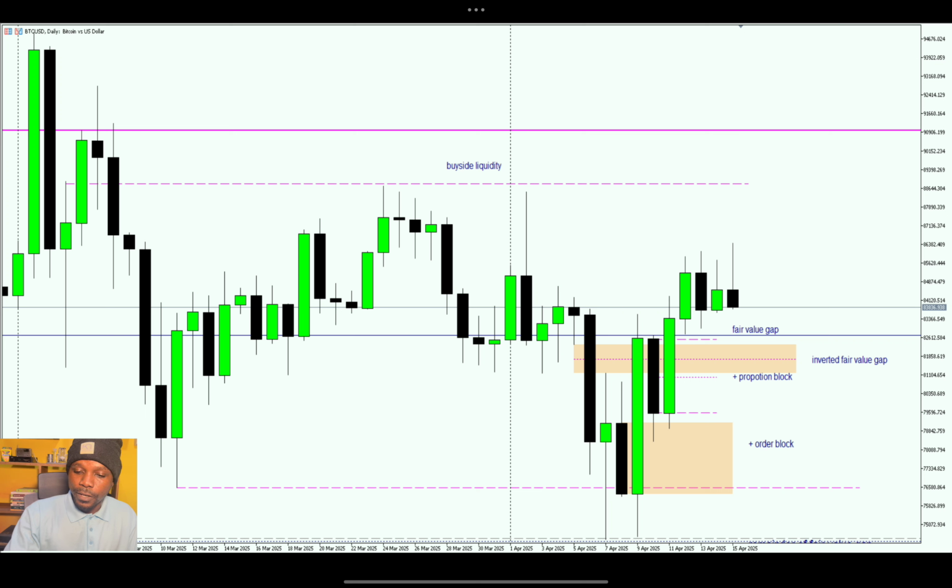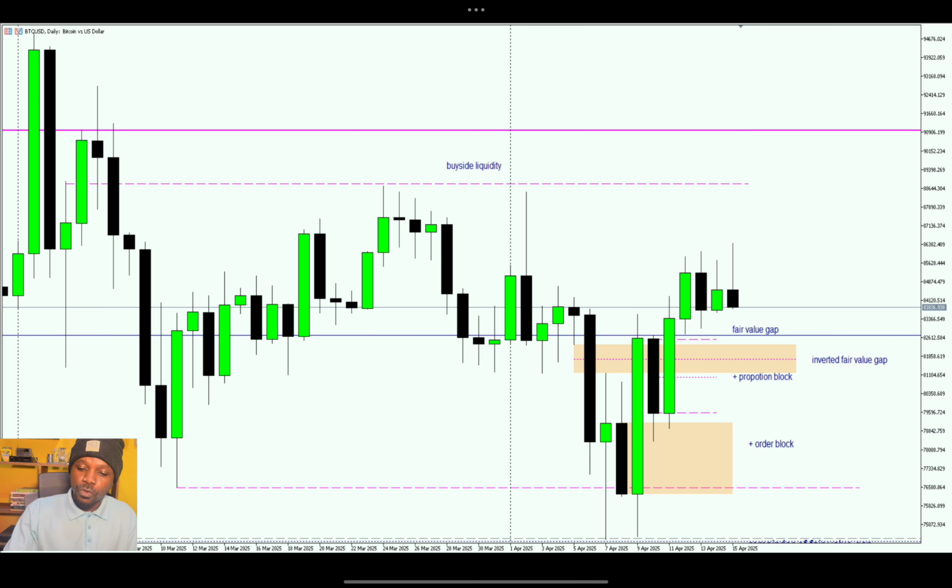Price actually traded into it and went up higher. So what I'm expecting is that if price retreats back into this inverted fair value gap, this is still on a daily time frame, I wouldn't want to see price close above the inverted fair value gap.